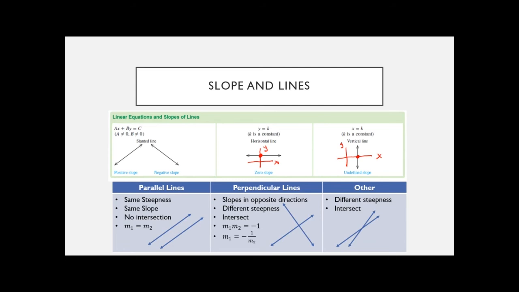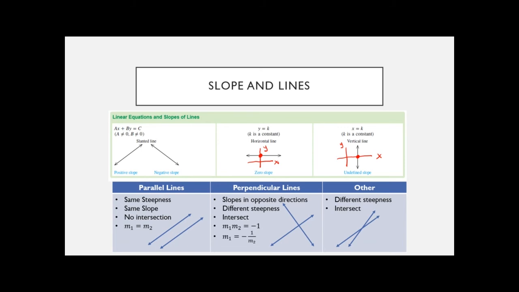Other things we can do with slope is compare lines to see whether they're parallel, perpendicular, or neither, because lines don't have to be one or the other. They could have different angles between them. Parallel lines don't intersect, and in order for them to not intersect, they have to have the same steepness, which means they have the same slope.